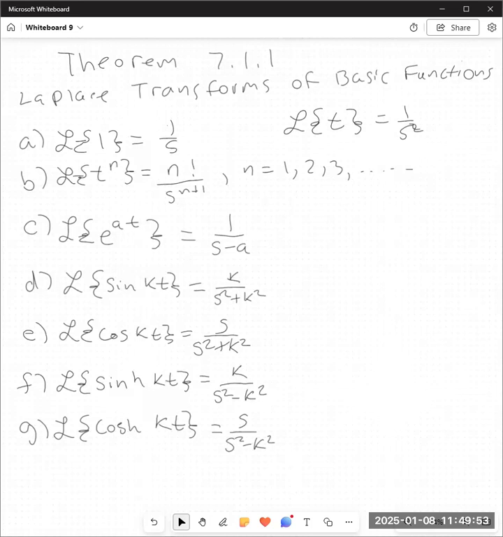I'll just write that off to the side so you have that one, since we use it so often. It is a separate rule in your chart in the back of the book, which is in Appendix C, I believe. Let me take a look at that to make sure that is correct. Yes, Appendix C is your list of all of your Laplace transforms.